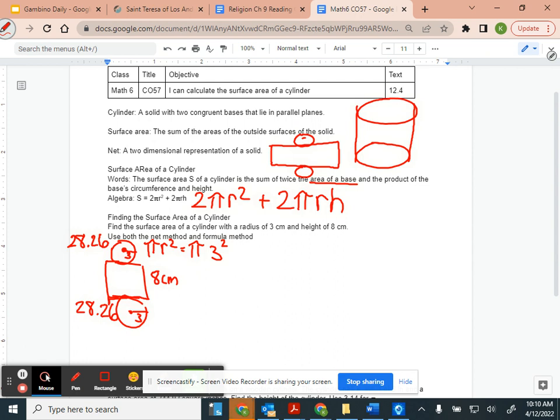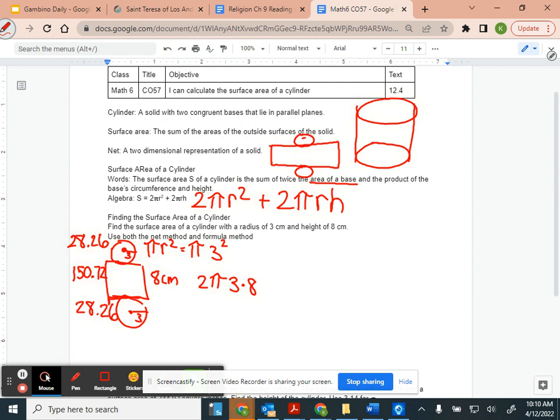So that would be the 2 pi r h. So 2 times pi times r times h. What is that? 100 and what? 0.72. And we need to add them all up.